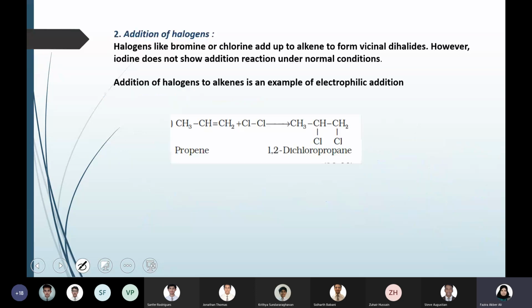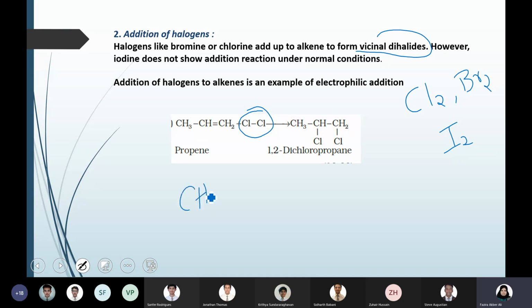Let's move to the second one, addition of halogen. Here the same rule applies, the only difference is that instead of hydrogen, you are adding halogen. You can add chlorine, bromine Br2, I2, etc. The same way, you will get a vicinal dihalide, that means halogens will be on adjacent carbon atoms.